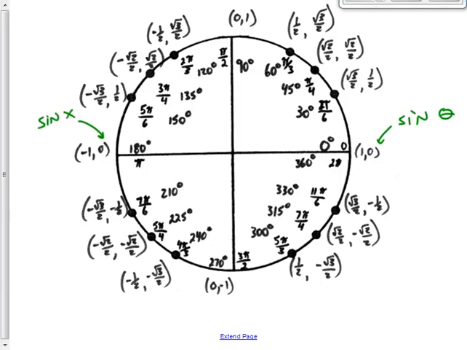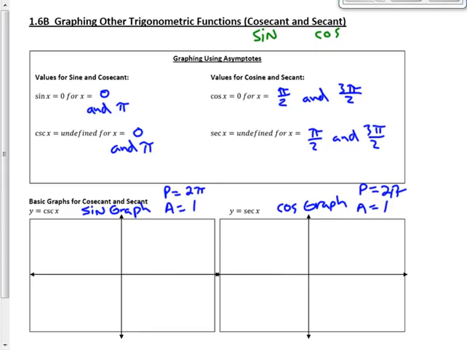So if sine of theta is equal to 0 over 1, and I'm looking for my other trig functions and I get to cosecant, I'm going to flip that over, so I get 1 divided by 0. Well, 1 divided by 0 is undefined. I can't do that. And so that's going to create the same situation that we had with tangent and cotangent, where we've got some asymptotes there.